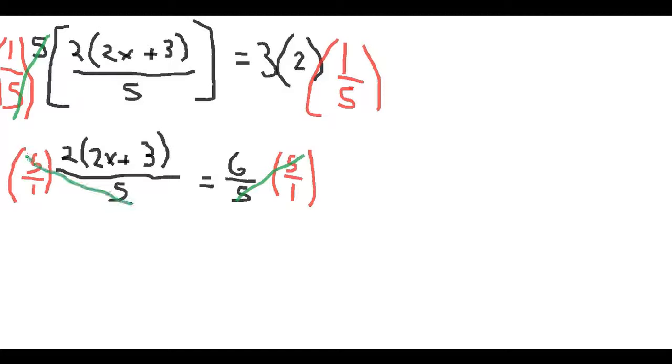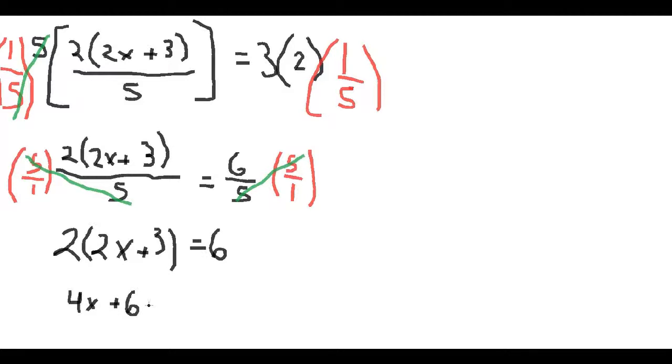Now we're left with a pretty easy problem. Now we're left with 2 times 2x plus 3 equals 6. Let's simplify it. 2 times 2x is 4x, and 2 times 3 is 6 rather, equals 6.